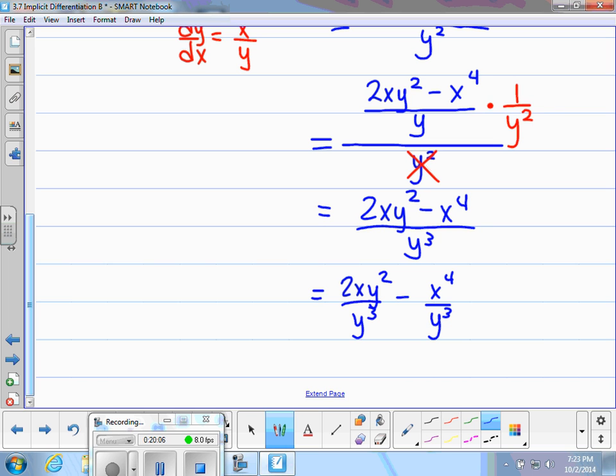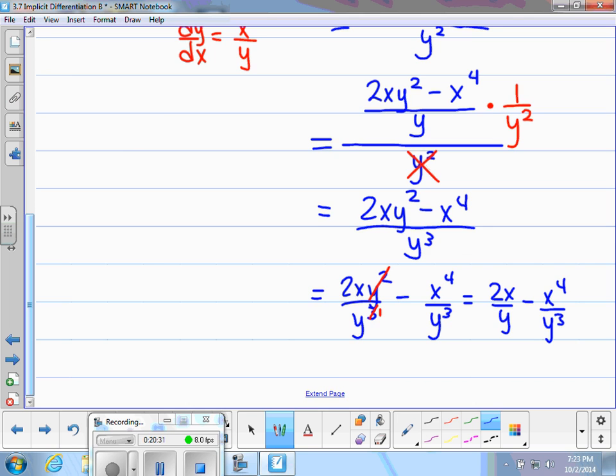The only purpose of splitting it up would be to get rid of some of the y's, but it still looks ugly as far as I'm concerned. For example, these would cancel out, and 2 of these would cancel out, leaving 1 behind. So then this would look like 2x over y minus x to the fourth over y cubed. They both look the same basically to me.